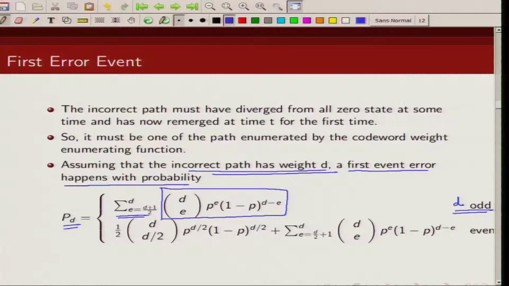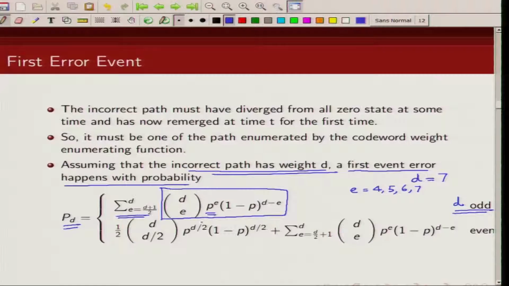up to d. So, in the example we just considered, if we had an incorrect path of weight 7, then we should look at error patterns of 4, 5, 6 and 7. If 4 errors happened, maybe it will bring us closer to this incorrect path rather than the all 0 path.